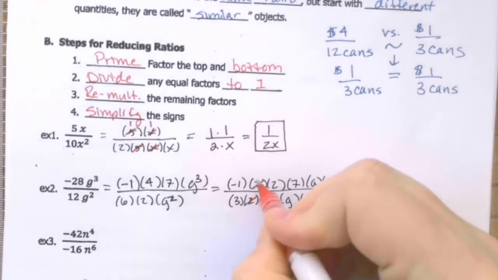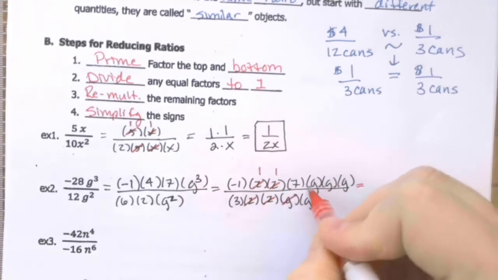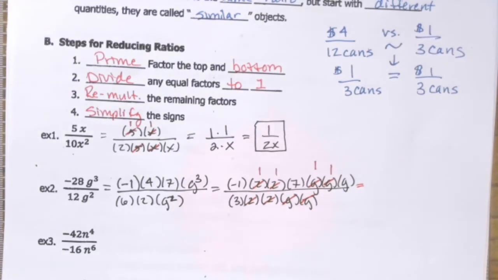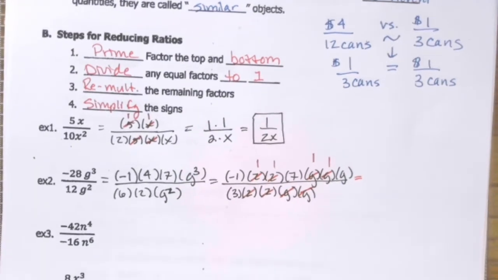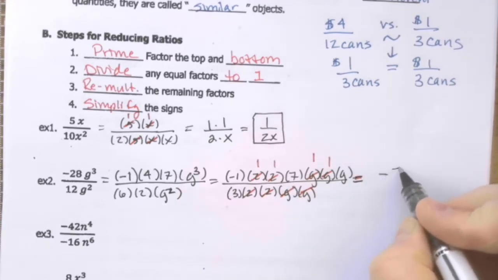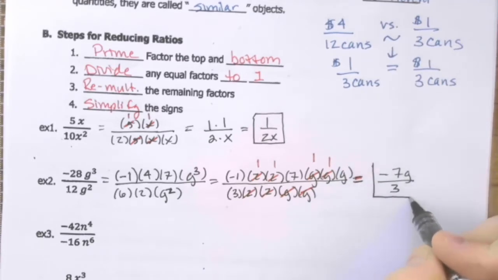So 2 divides into 2 one time, 2 divides into 2 one time, g divides into g one time, another g divides into g one time. The cool part about doing your reducing like this is at the end you are absolutely 100% reduced, and there's no guesswork trying to figure out if there's anything else that can come out of it. You are totally done. It's a great method. -1 times 7 times g is -7g on the top, and then I have a 3 on the bottom.